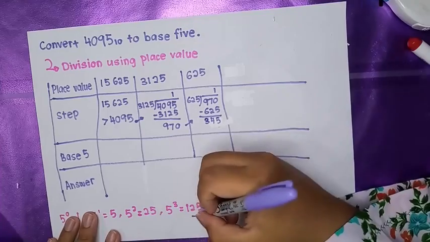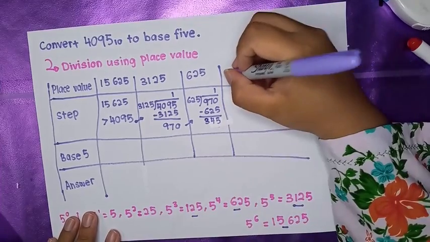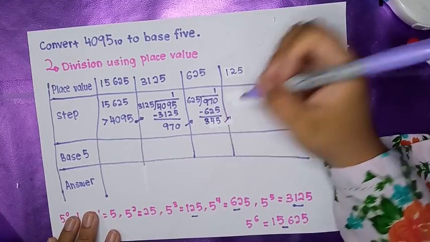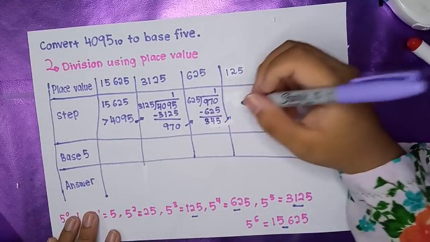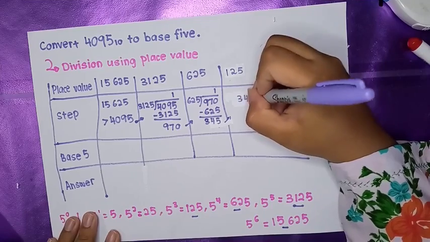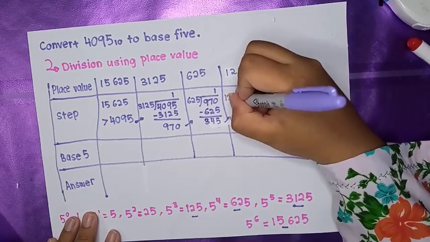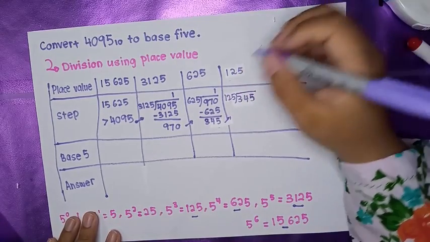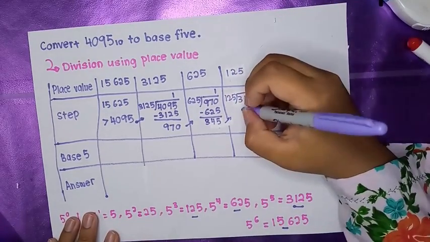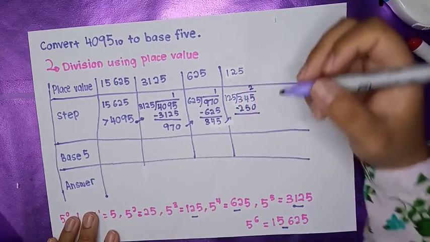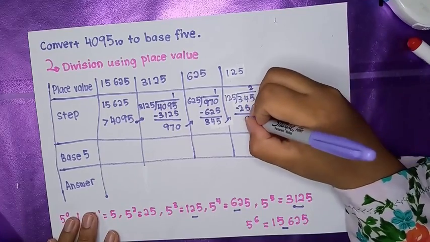For the next place value is 125. 345, we bring it to the next box, we write it down in here, and then we divide by 125. 125 times 2, here we get 250. Minus, we got the balance 95.